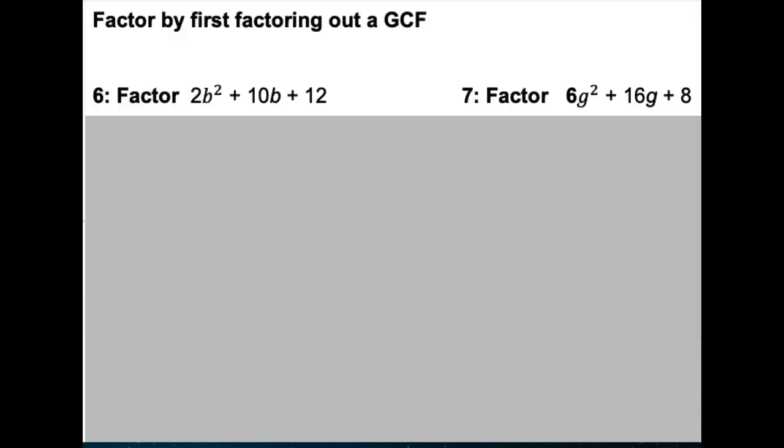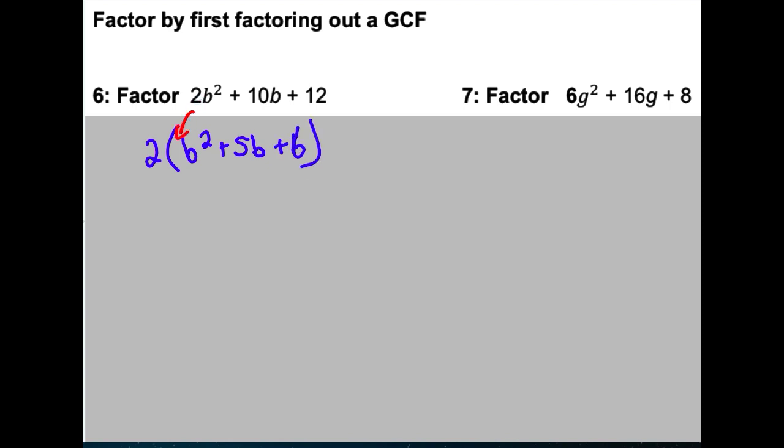All right, so next two just have me doing a tiny bit more. These are going to have something that I can factor out first, and then I'm going to follow my normal steps. So 2b squared plus 10b plus 12, well, they can all be factored a 2 out of them. So that gives me b squared plus 5b plus 6.